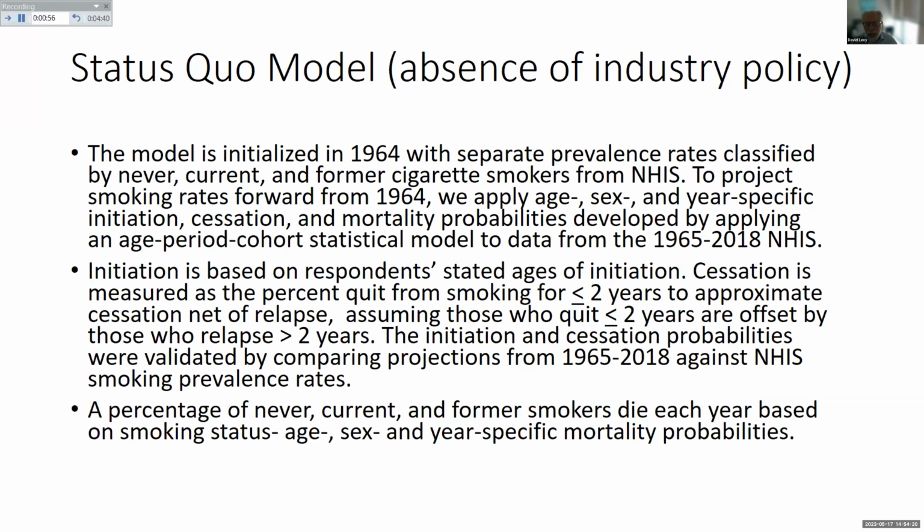CISNET applied an age, sex, and year-specific initiation, cessation, and mortality probabilities developed by applying an age period cohort statistical model to the data from the 1965 to 2018 NHIS.